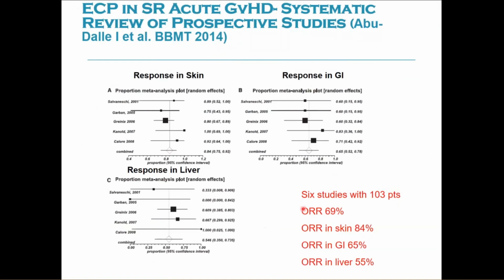The overall response rate was 69%, being best in skin GVHD with 84%, then followed by GI tract GVHD with 65%, and being lowest in liver GVHD with 55%.